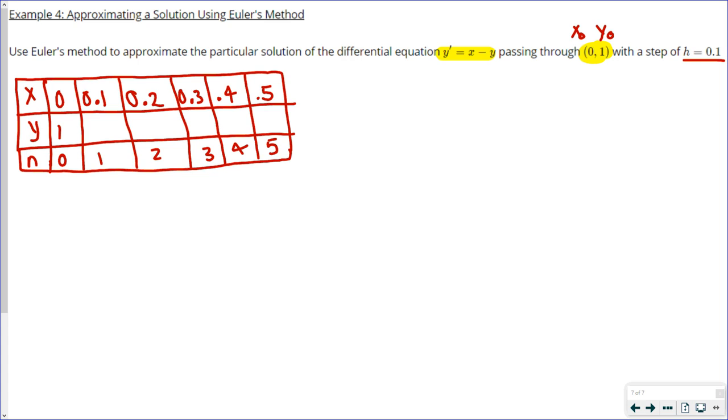To get our y values, we're going to use the y formula. If you remember, it was on the previous slide. We had y1 equals y sub 0 plus h times f of x sub 0, y sub 0.